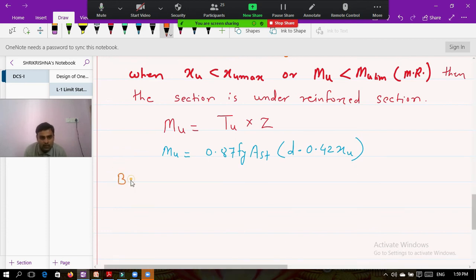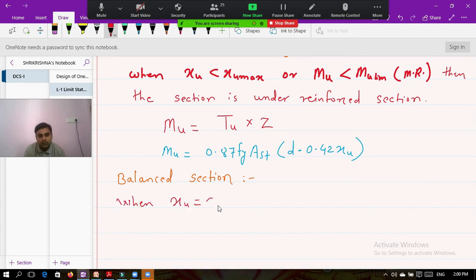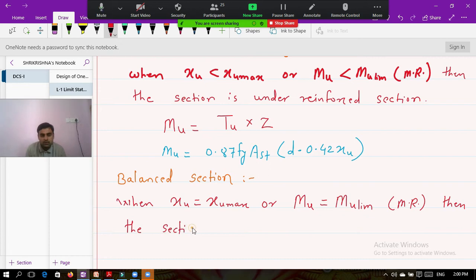So in the balanced section, when XU is equal to XU max, so whatever may be the depth of the neutral axis of the structure, which is equal to the maximum depth of the neutral axis, or your bending moment Mu is equal to Mu limiting, maximum limiting value of the bending moment or moment of resistance, then the section is known as balanced section.